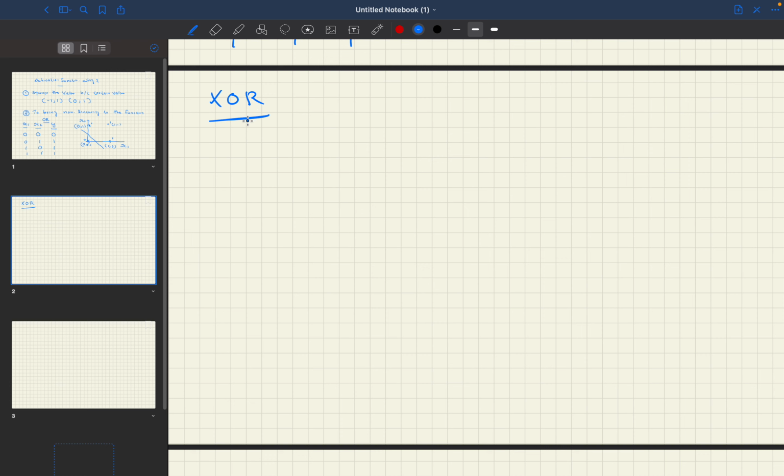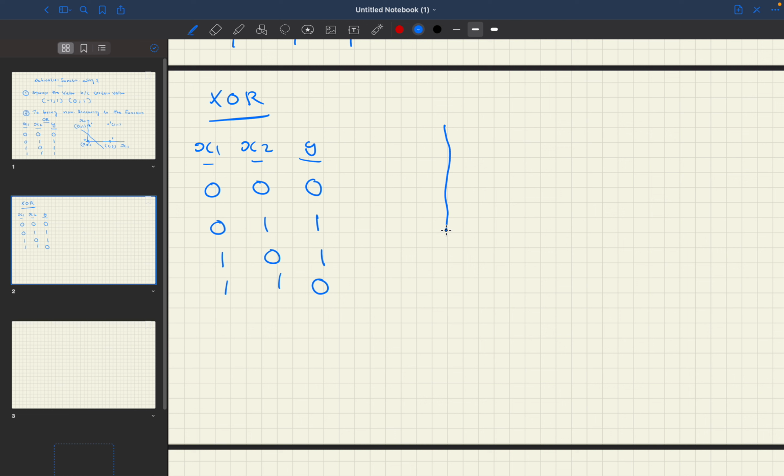Consider the XOR function. Here also we have two values x1 and x2 and the result y. It will be 0 0, 0 1, 1 0 and 1 1. Here 0 0 will be 0, 0 1 will be 1, 1 0 will be 1, and 1 1 will be 0.